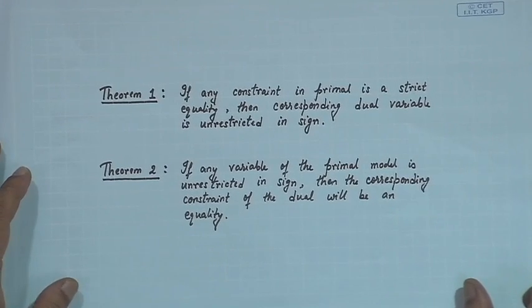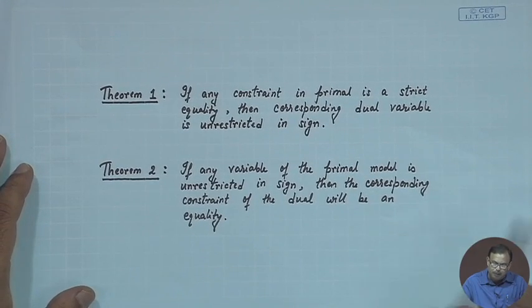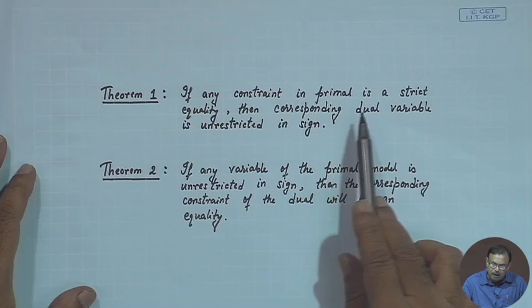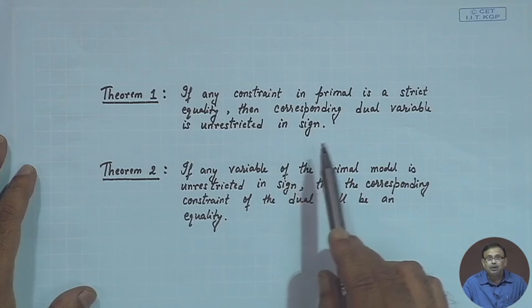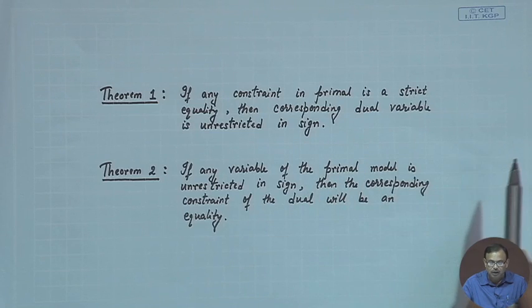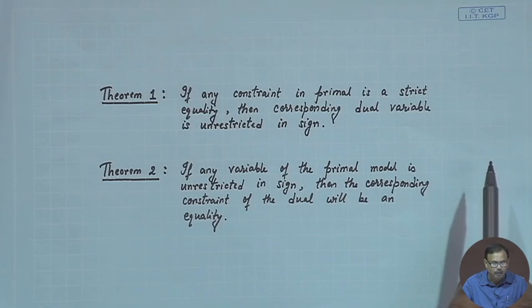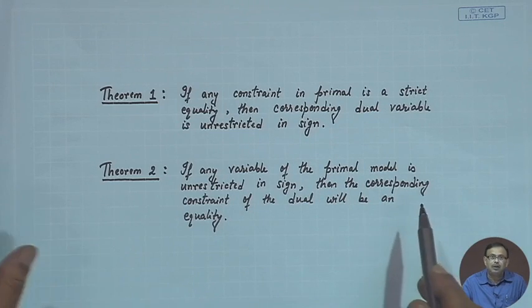Now, see two theorems over here. If any constraint in the primal is a strict equality, please note this one, then the corresponding dual variable is unrestricted in sign.